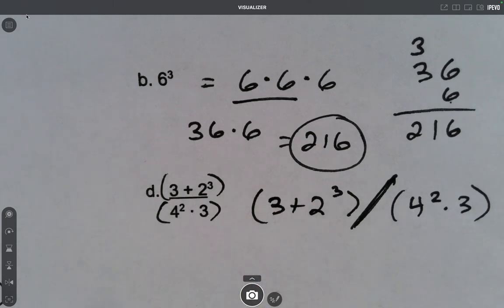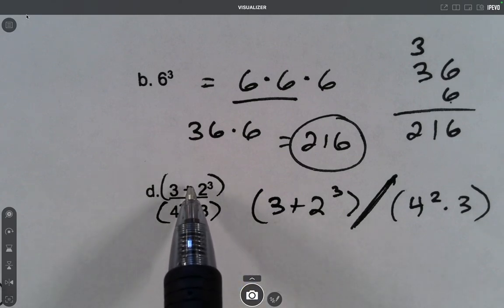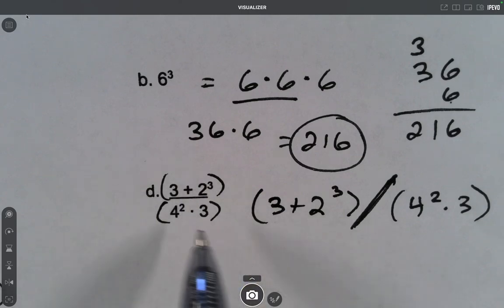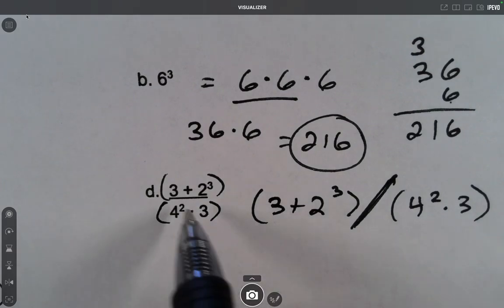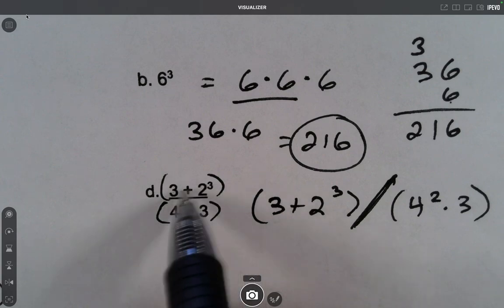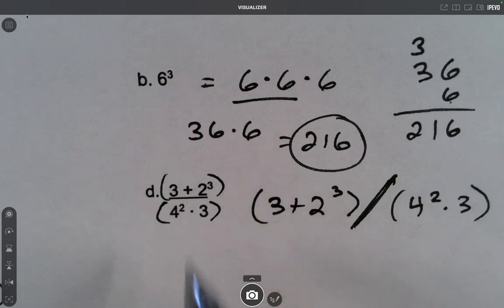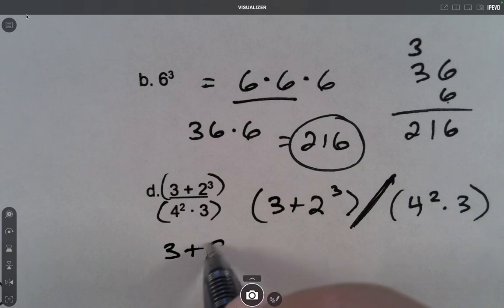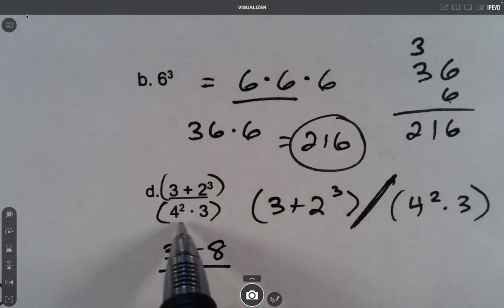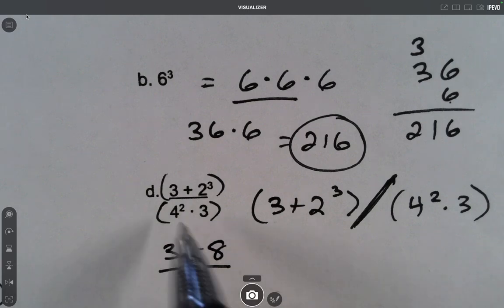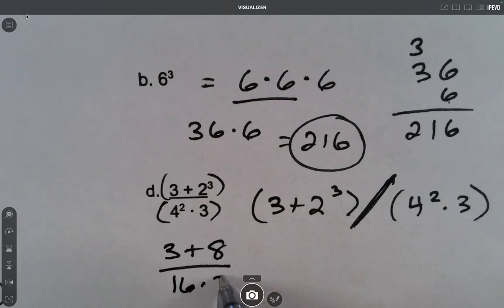So when you have a big fraction like this, treat the numerator as its own set of parentheses and the denominator the same way. Okay, so 3 plus 2 cubed, we have addition and an exponent inside this parenthesis up here. So we do the 2 cubed first, that's equal to 8. In this parenthesis, we have multiplication and exponents. Exponents come first, so we have 16 times 3.